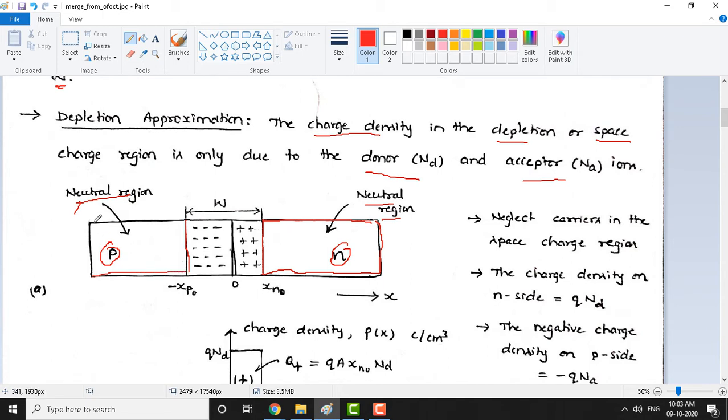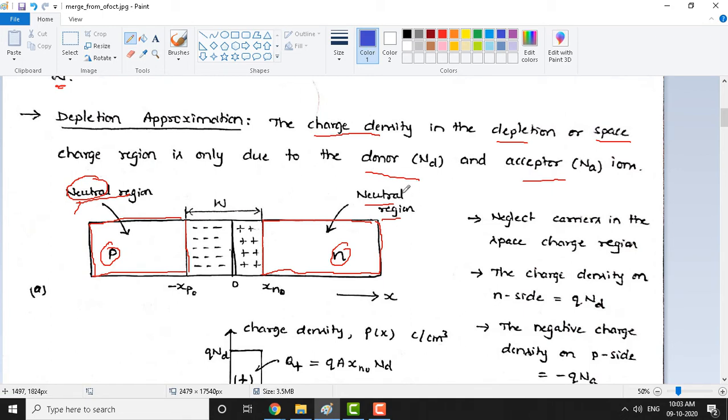My question to you is, why is this region called neutral p? What is the reason for using the word neutral? Any idea? Okay, I will tell the answer here.